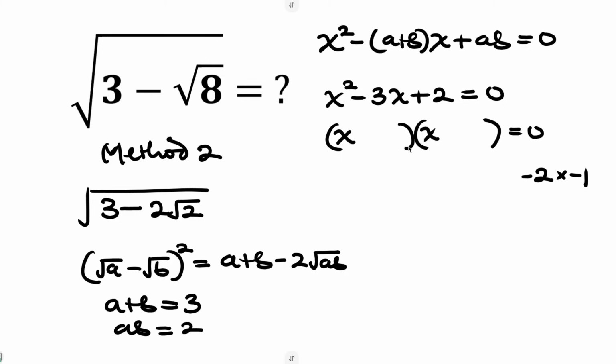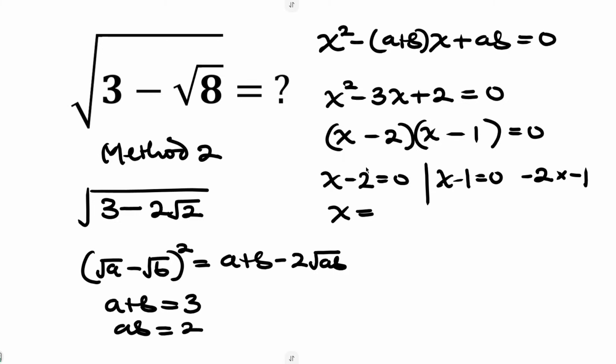Let's put them inside these parentheses. So we have minus 2 and minus 1. There are 2 cases here. We have x minus 2 equal to 0, or x minus 1 equal to 0. For the first case, the value of x will be 2. For the second case, the value of x will be 1.